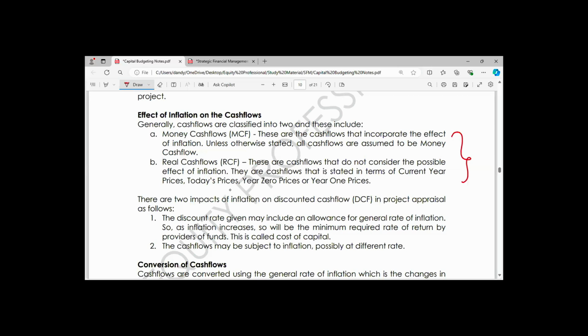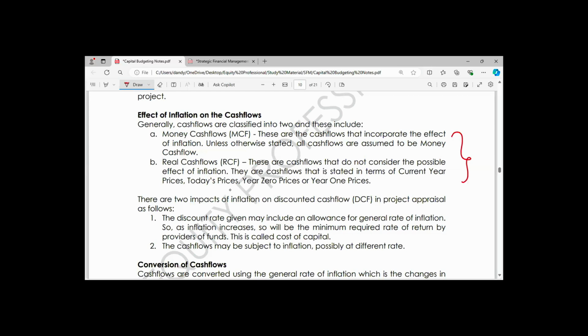Money cash flows are cash flows that include the possible effect of inflation. And then, of course, except otherwise stated, the cash flow given to you in the question are assumed to be money cash flow.